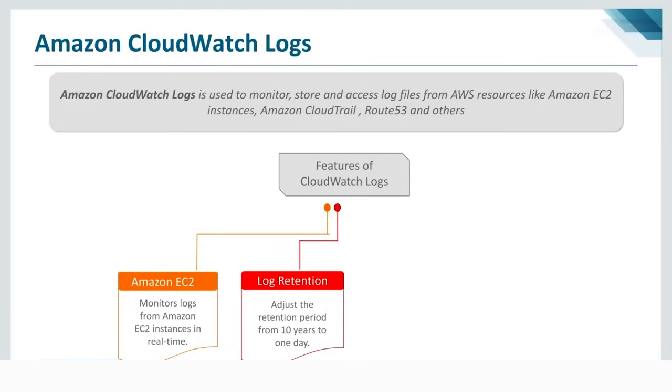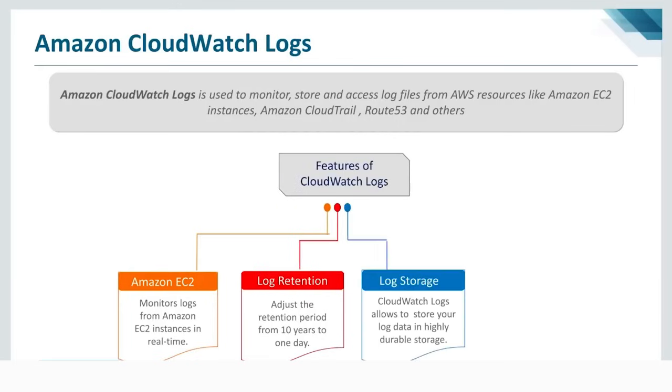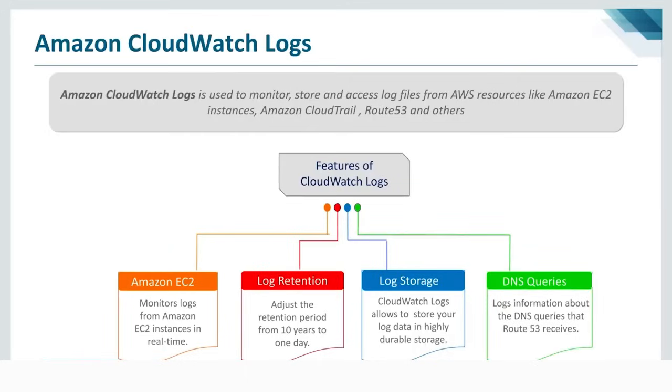But CloudWatch provides you with an option where you can set the period between 10 years to 1 day. Then you have log storage. You can use CloudWatch logs to store your log data in highly durable storage. And in case of system errors, you can access raw log data from this storage space. And then you have DNS queries. You can use CloudWatch logs to log information about the DNS queries that Route 53 receives.